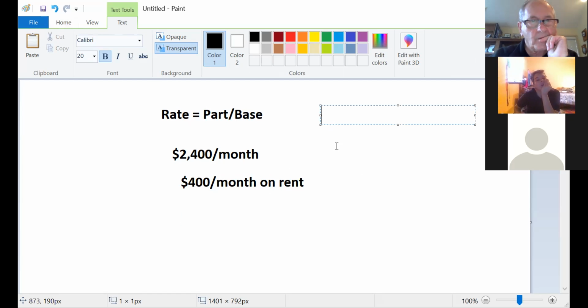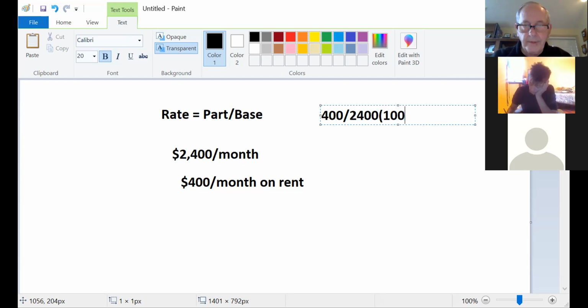You put the 400 over 2,400. And if you take that and multiply it by 100 to convert to percent, this would give you your rate. So the part would be 400, the base would be 2,400, and the rate is that decimal portion, and multiplying anything by 100 will convert it into percent.